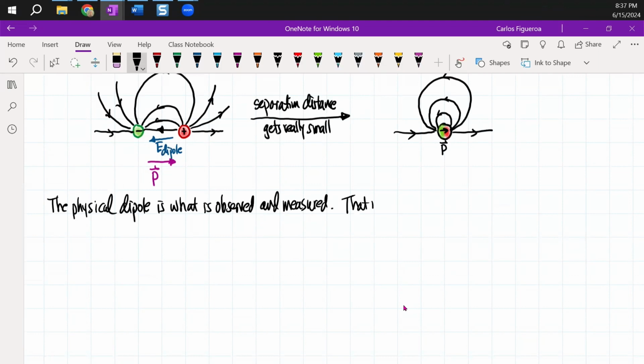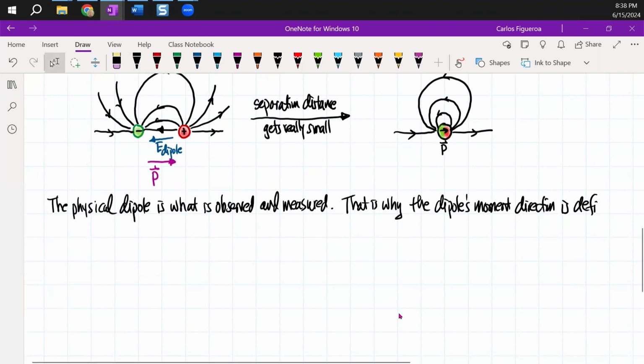That is why the dipole's moment direction is defined as it is, because we're looking at that.